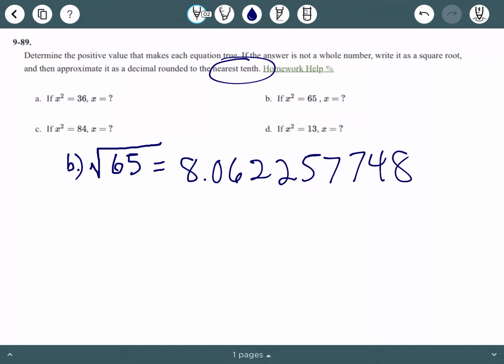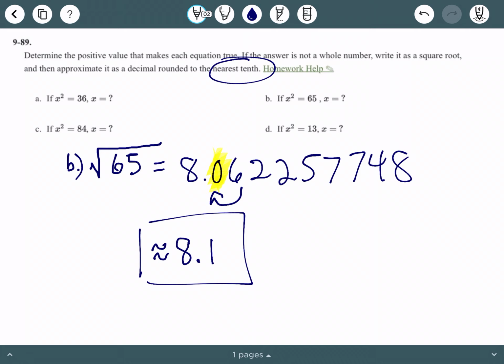Now we're rounding to the nearest tenth, which means this decimal place right here. So that 6 tells us that we are going to round up. So our answer is going to be, let's use that squiggly equals sign, because that tells us that it is approximately 8.1.